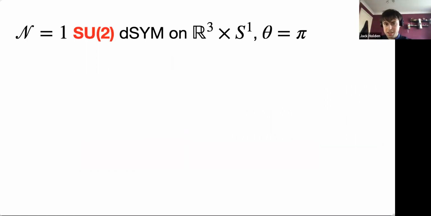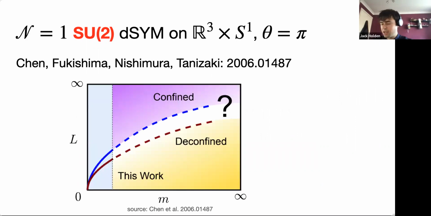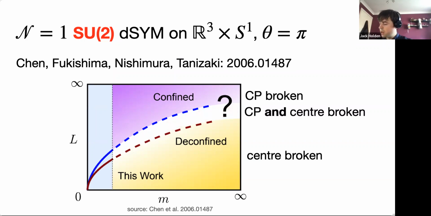And so we can apply this immediately to an interesting result, which was found by Chen and his collaborators in the case of SU(2), which is as far away from large N as you can get. Chen and his collaborators found this phase diagram for SU(2), where they had the confined phase and the deconfined phase, but these were separated by some mysterious phase in between. The confined phase had CP symmetry broken, and the deconfined center symmetry broken, but this intermediate phase had both broken.